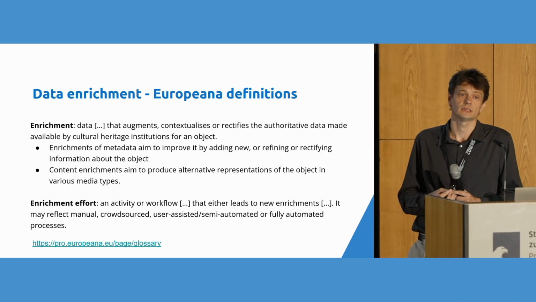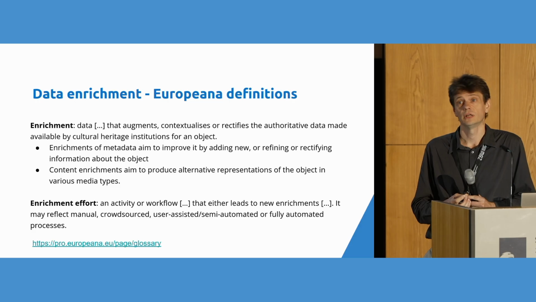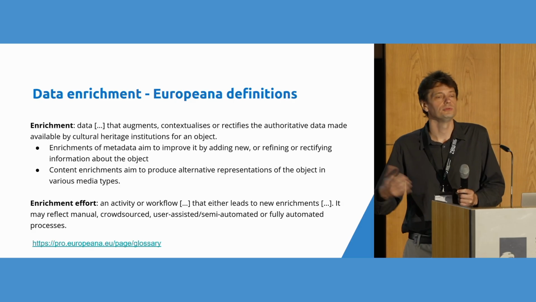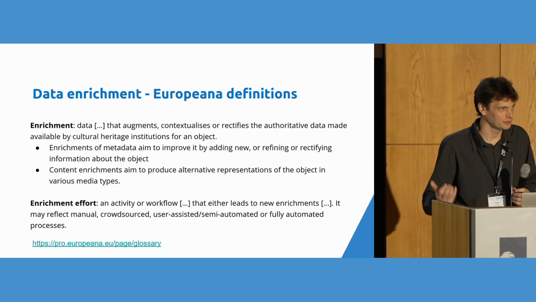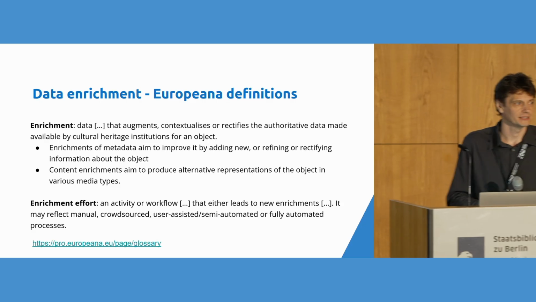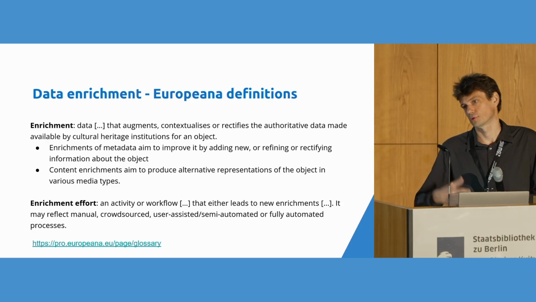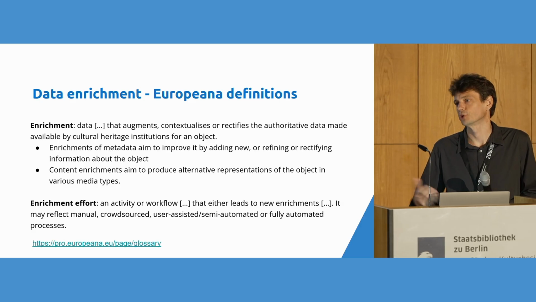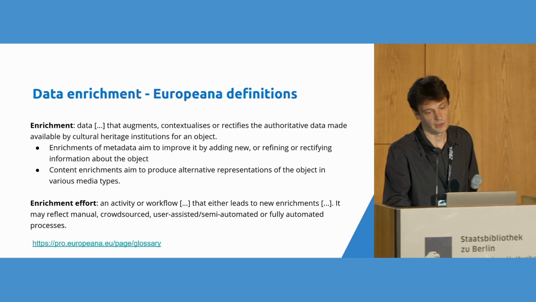Also, another important point is that we are targeting quite a wide range of enrichment efforts. So it starts with automatic alignment, because those are the usual suspects of things that can go wrong. But we also have some crowdsourcing that happens around us, and we'd like to make sure that this produces results that are valuable for everyone.